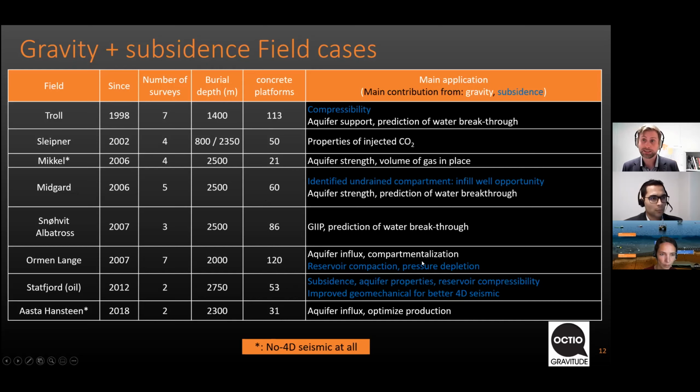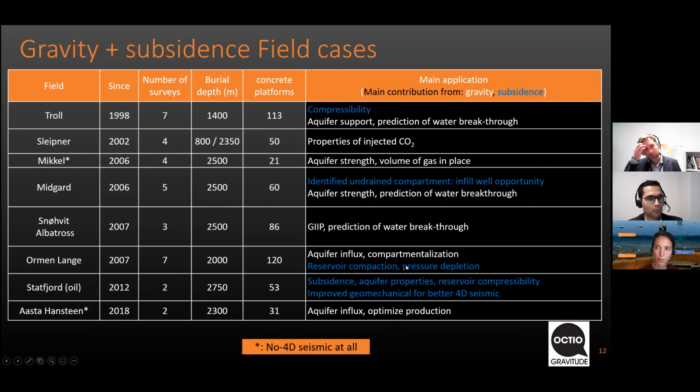You can also see that there are different applications that have provided value for the monitoring itself, and we have tried to give them different colors. So blue is representing where the value comes from subsidence, and white is representing where value comes from gravity. So it's a bit of a different thing from case to case.